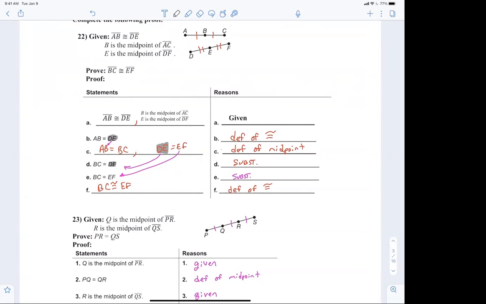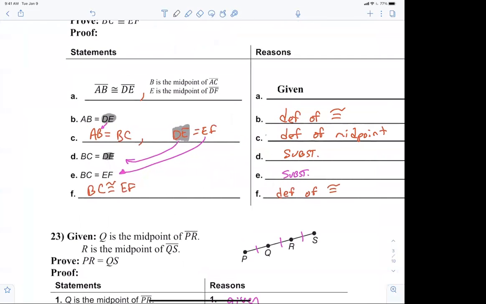I don't know why step B is definition of congruent. I don't get B and C. Oh, so we went from congruent to equal. That's the only difference. Okay. So that's the definition of congruence, right? Yeah.